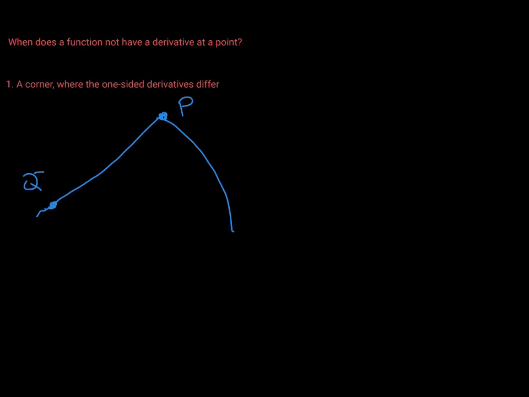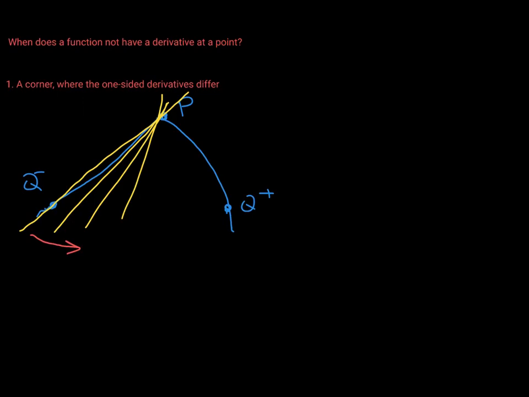Let's say point Q with a negative sign, and then point Q with a positive sign, so that we're considering the derivative to the left of P and the derivative to the right of P. The secant line would look something like this, and of course this is really hard to show, but as we allow this point Q to approach point P, these secant lines are moving in that direction, and so they are becoming more and more positive in essence, right?